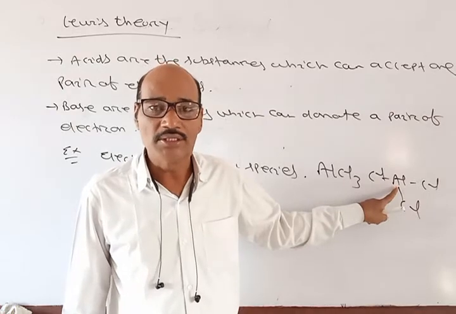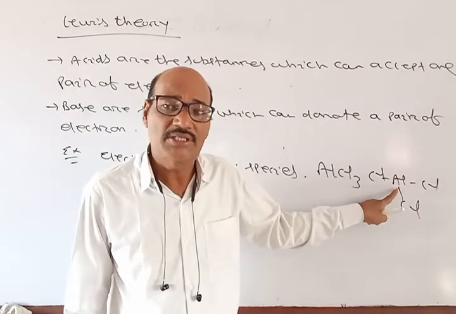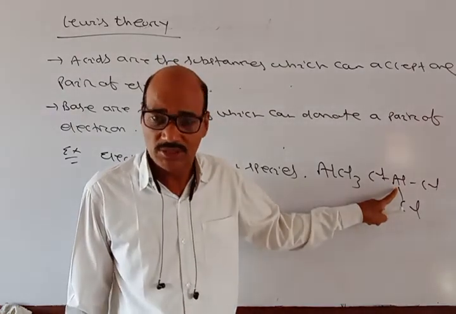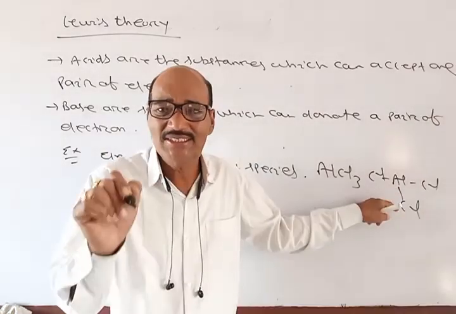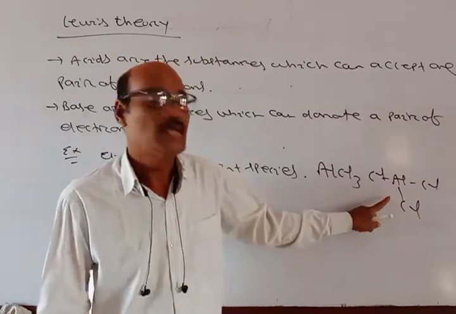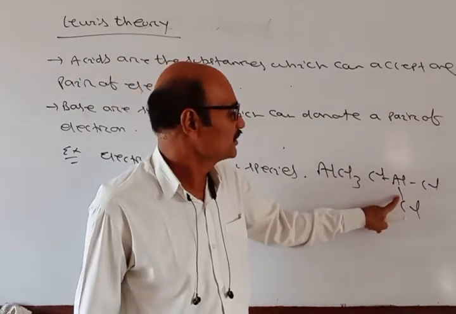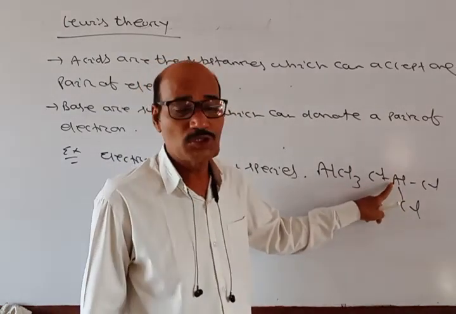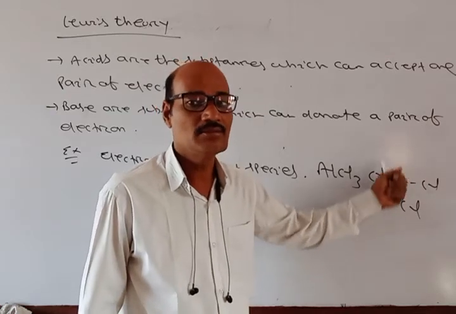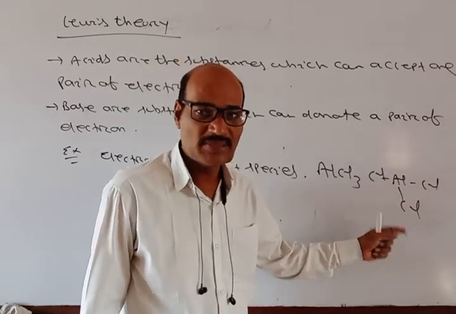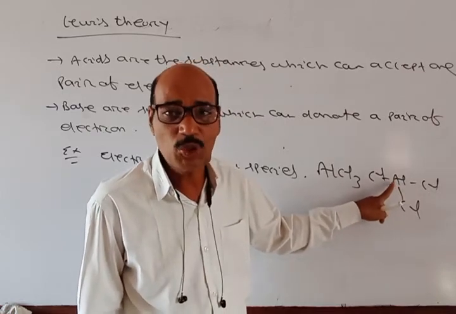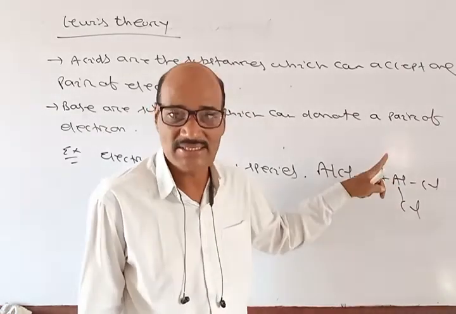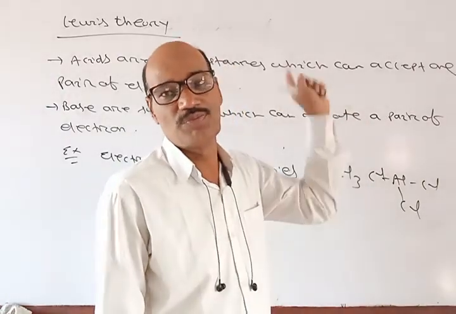And we know in order to have a stable electronic configuration, the atom must acquire 8 electrons in its outermost orbit. And here we have only 6. So another 2 electrons it can accept. That means it is electron deficient and can accept a pair of electrons. So AlCl3 is an acid according to Lewis theory.